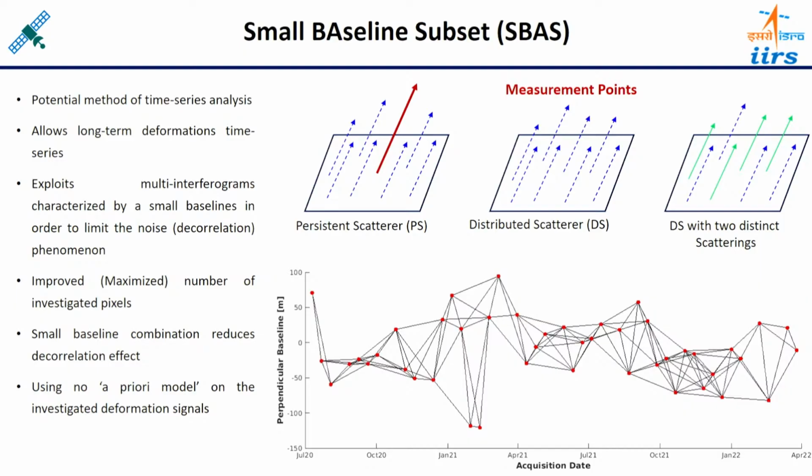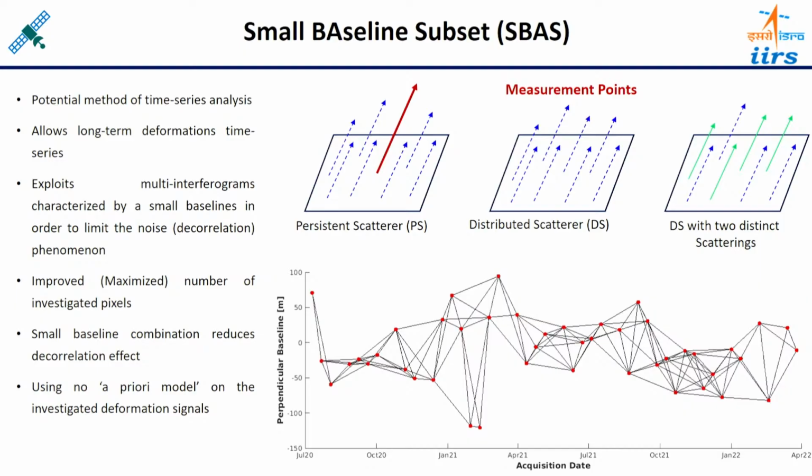That is not good. In PSI you are generating 99 interferograms, so you should not go below 99 if 100 images are there. It means the number of interferograms you choose in SBAS should be greater than that of the PSI technique for the given set of images, but it may be less than the total possible, that is NC2.